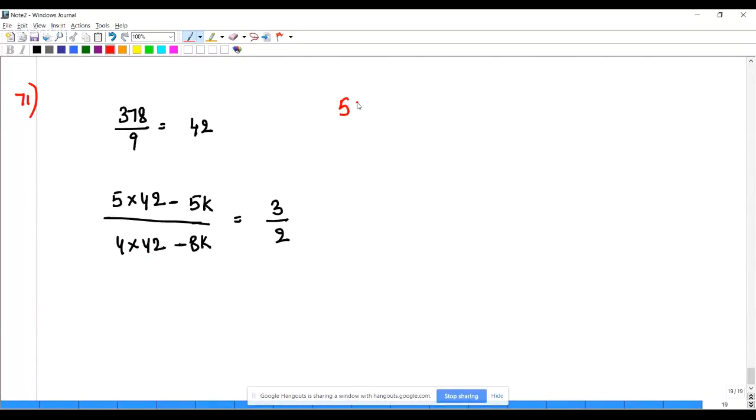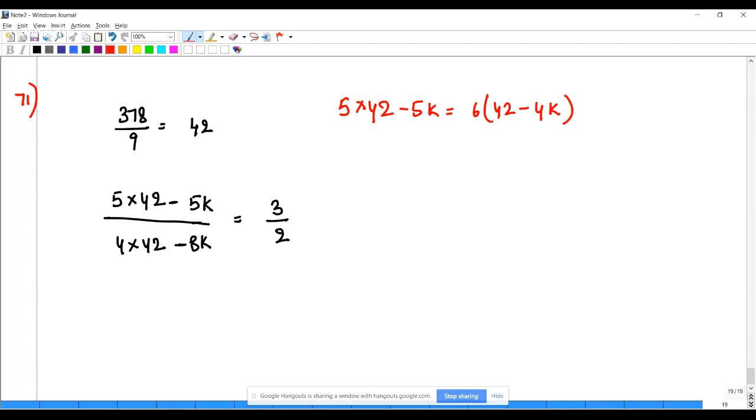So 5 into 42 minus 5k is equal to, you take common 4 and cancel 2, you get 6 into 42 minus 4k.